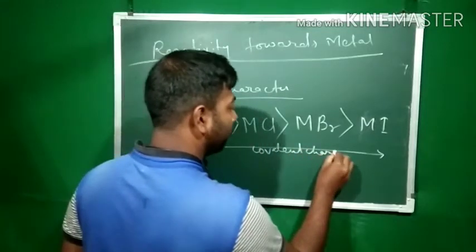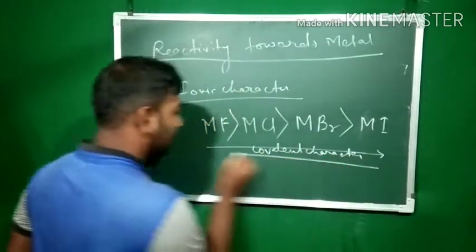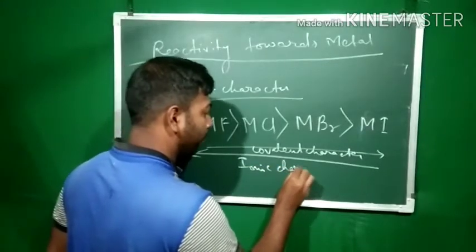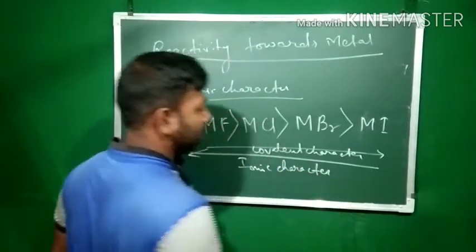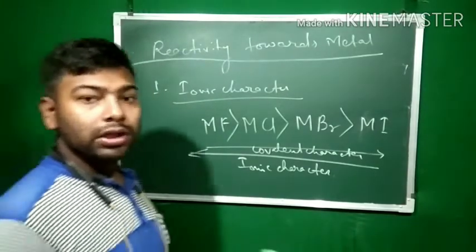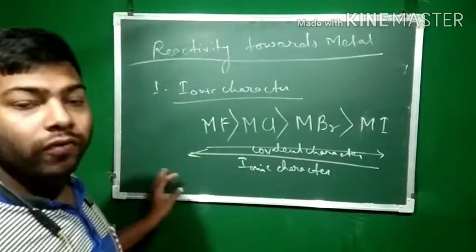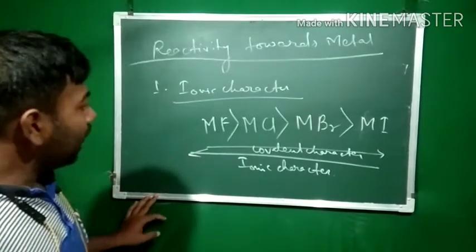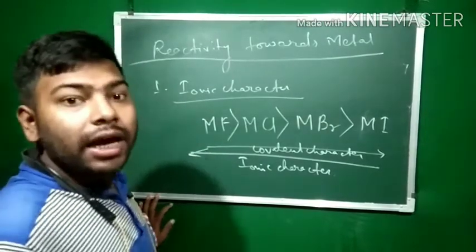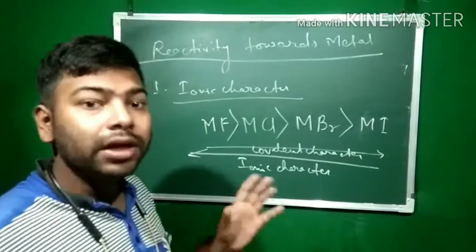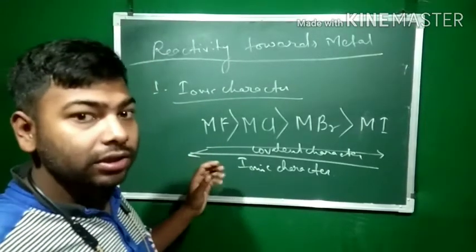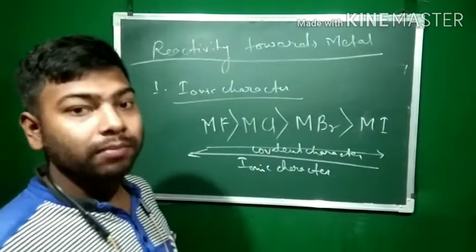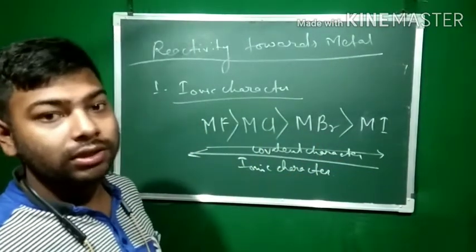Covalent character increases this way, and ionic character decreases. Why? What is the reason? According to Fajan's rule, as the anion size increases, its polarizing power also increases.